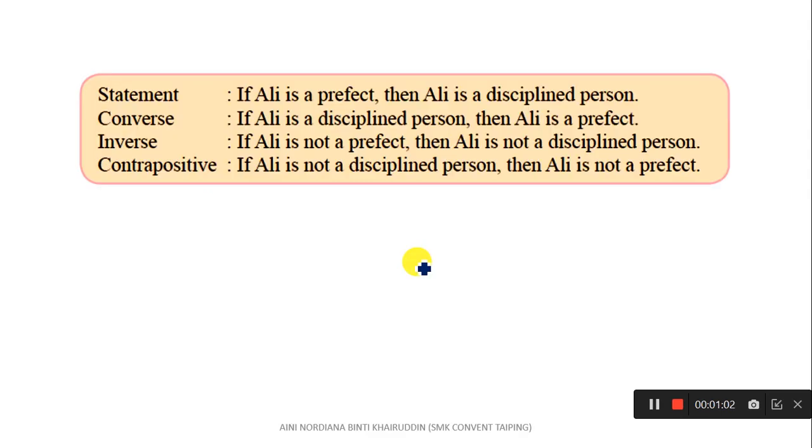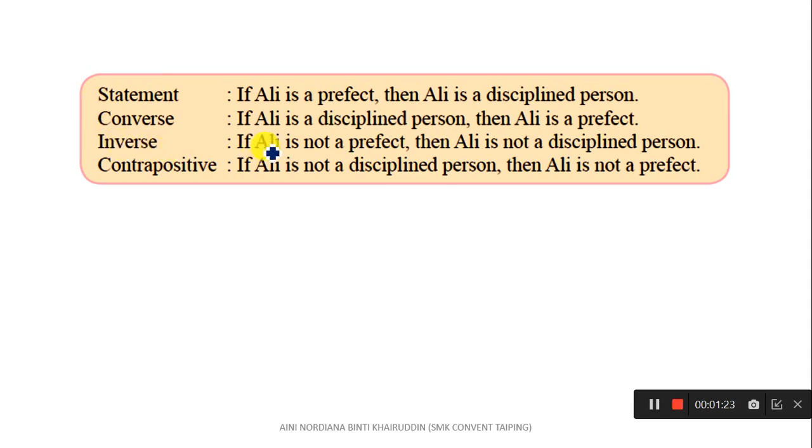Statement: if Ali is a prefect, then Ali is a disciplined person. Converse: if Ali is a disciplined person, then Ali is a prefect.